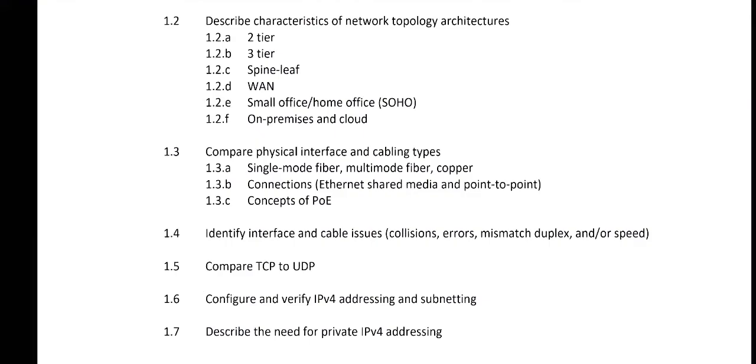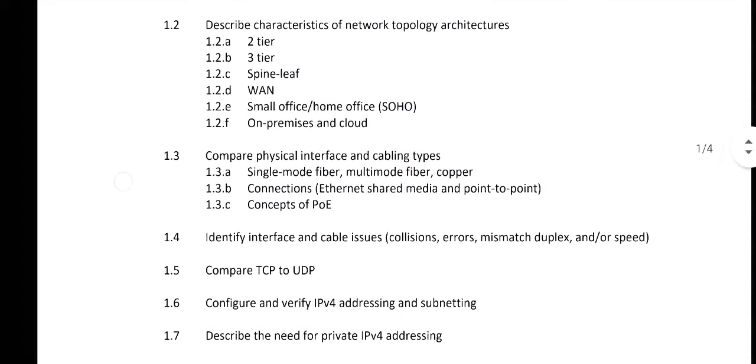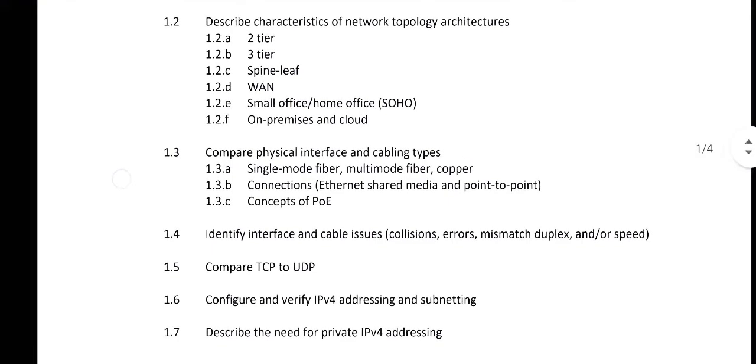Also you need to know single mode fiber, where the light traverses in a straight line pretty much, and instead of using an LED, it uses a laser beam, which allows it to travel further distances than multi-mode fiber. Then there are some color coding for the cables as well, especially for the fiber cables.